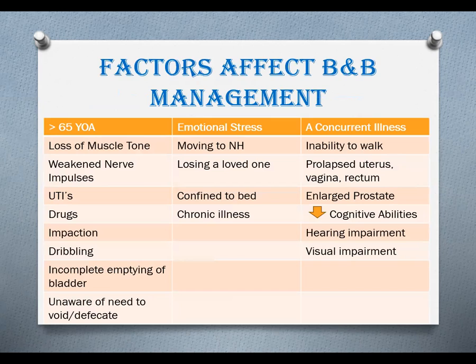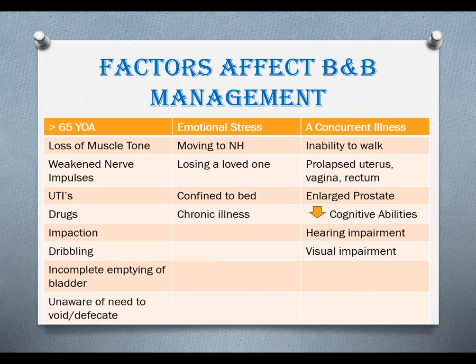These are some of the factors that can affect the bowel and bladder management: age, emotional stress, or current illness. You can read this table and know the categories, like if they are older than 65 years of age. There are so many factors here that can cause that.